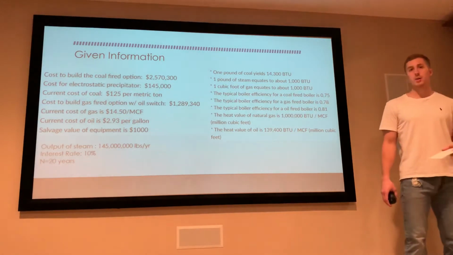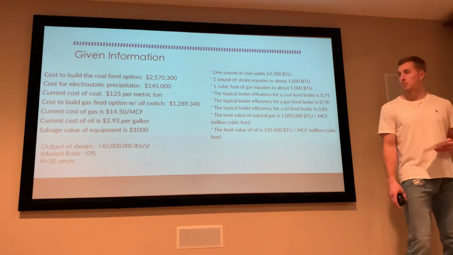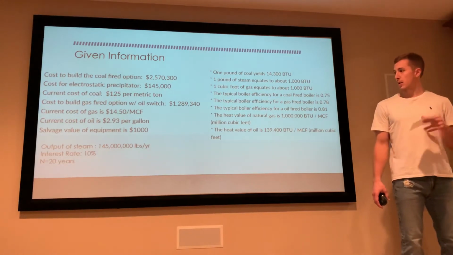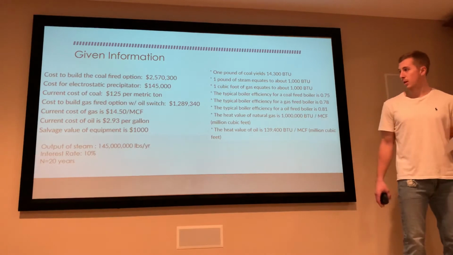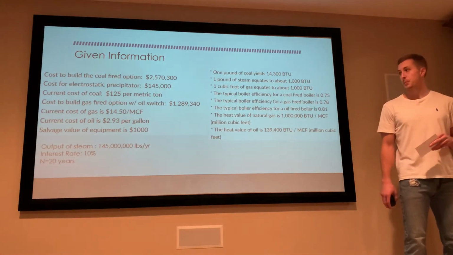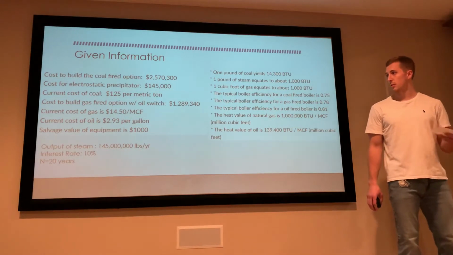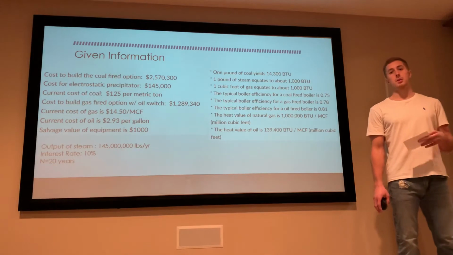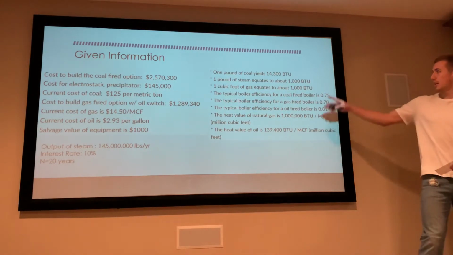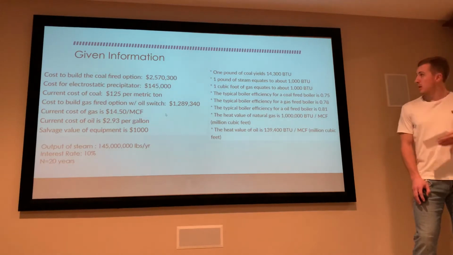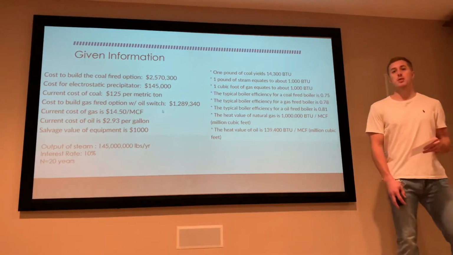The salvage value of our equipment will be $1,000 for each one. We are also looking to have an output of steam of 145 million pounds per year. The interest rate on the equipment is 10%, and we're looking at a time span of 20 years. And then here are some efficiencies of the operations, with some conversions as well.